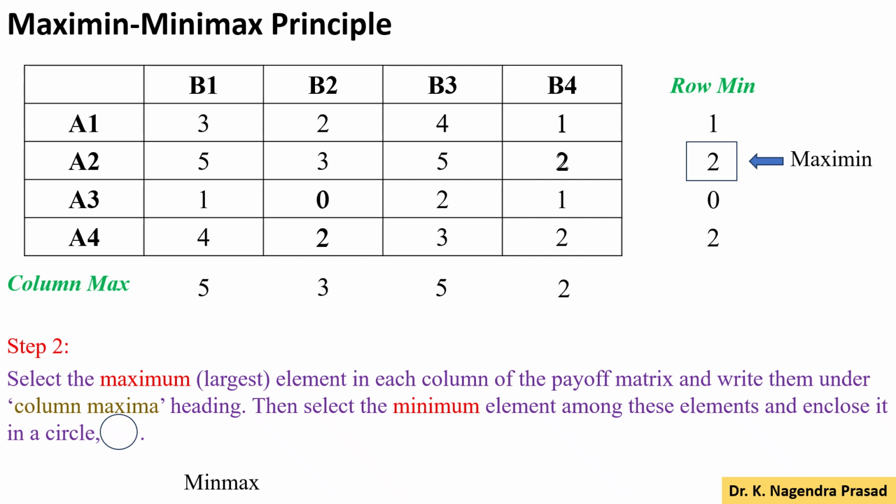Then select the minimum value among these maximum values. So among 5, 3, 5, 2, the minimum value is 2. So 2 is the minimax value and it is enclosed with a circle.